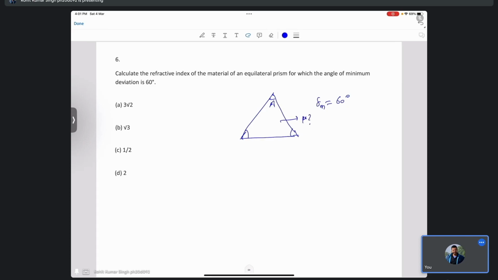Okay, so this is also a very simple application-based formula. You know the prism formula, right? Which is given like this. So mu is sine of (delta m plus A) by 2 divided by sine of A by 2, right?